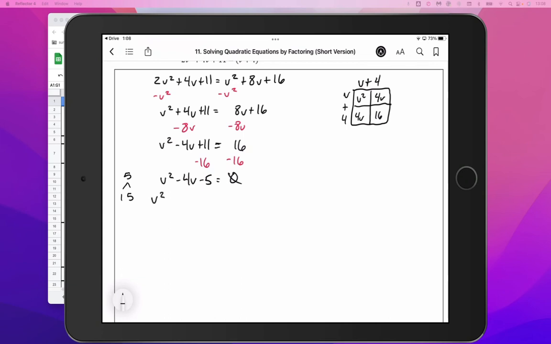So v to the power of 2 plus 1v minus 5v minus 5 is equal to 0. And so factoring, like we've done in the past, down the middle. On the left side, I could take out a v, and I'm left with v plus 1. On the right side, I want a v plus 1, so I'm going to factor out a negative 5.